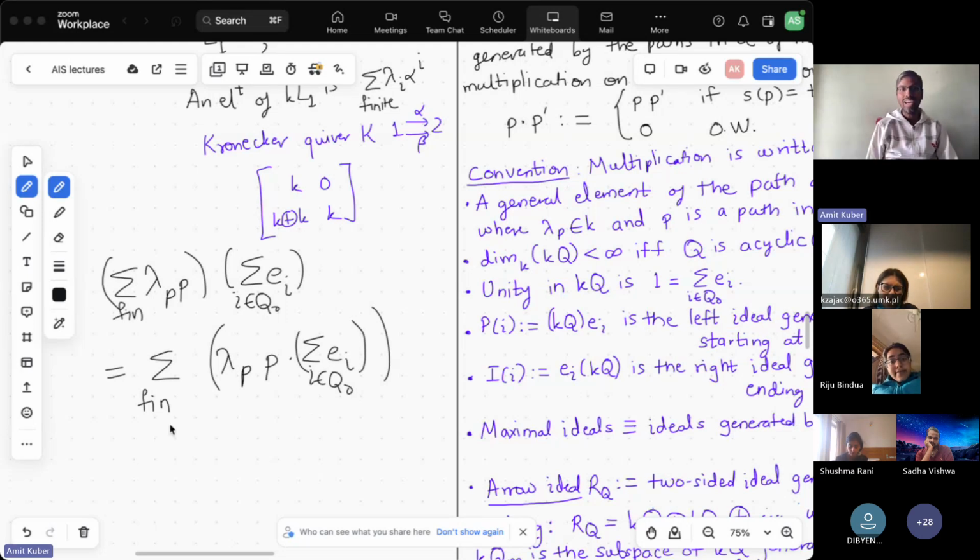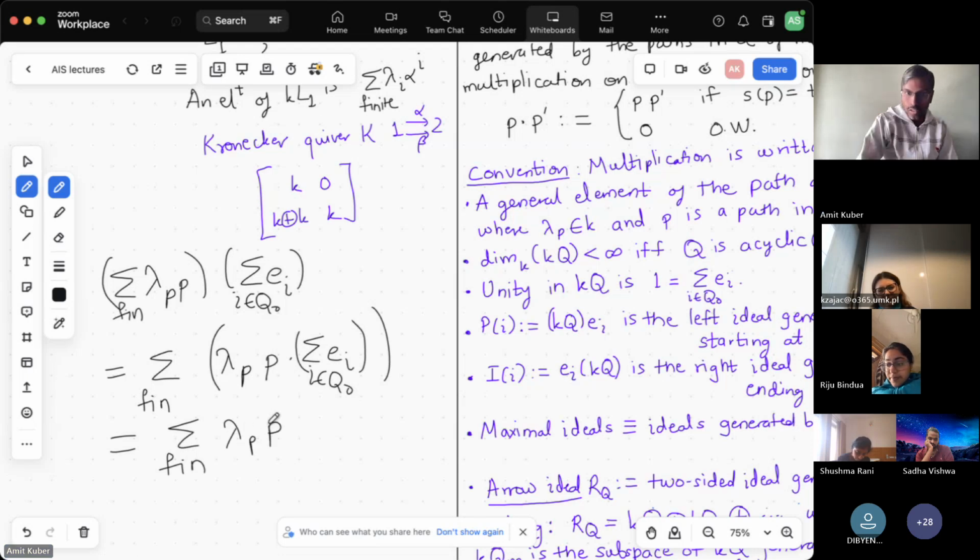And that's why this will only survive exactly once. All other e_i's are going to annihilate that element. So therefore, this will actually just be the finite sum of lambda_p p. So hopefully I convinced you that the summation of e_i's is the identity element.